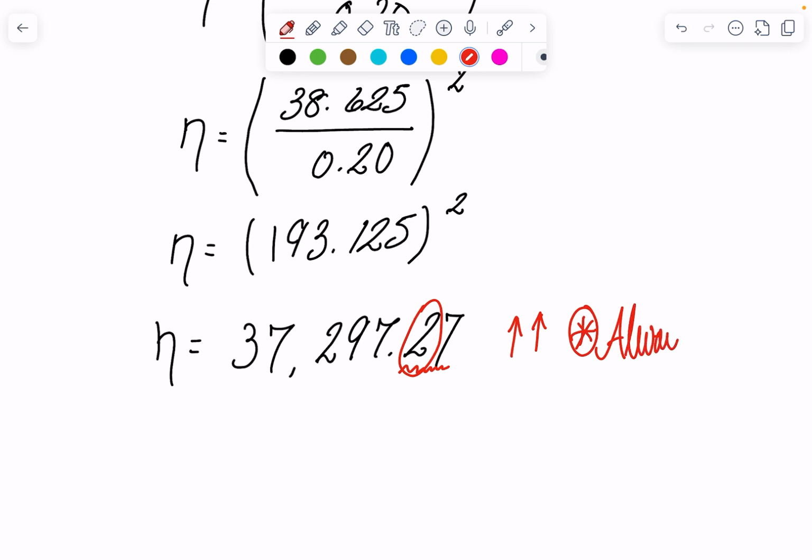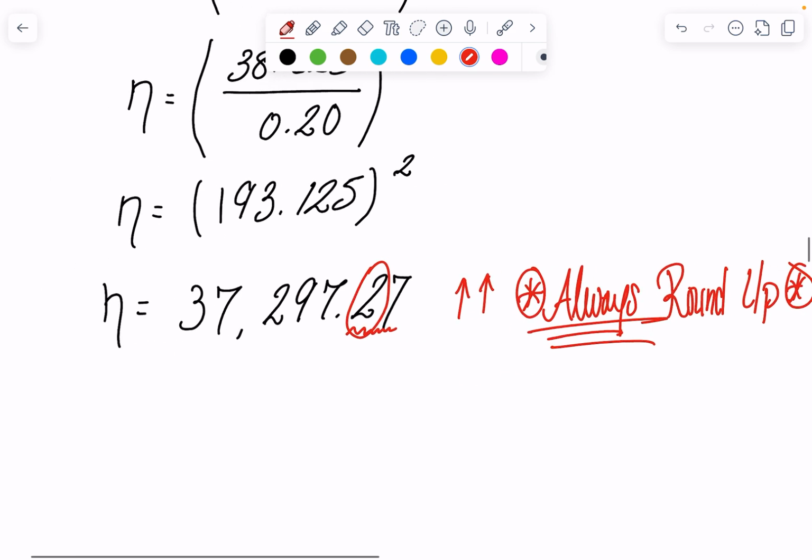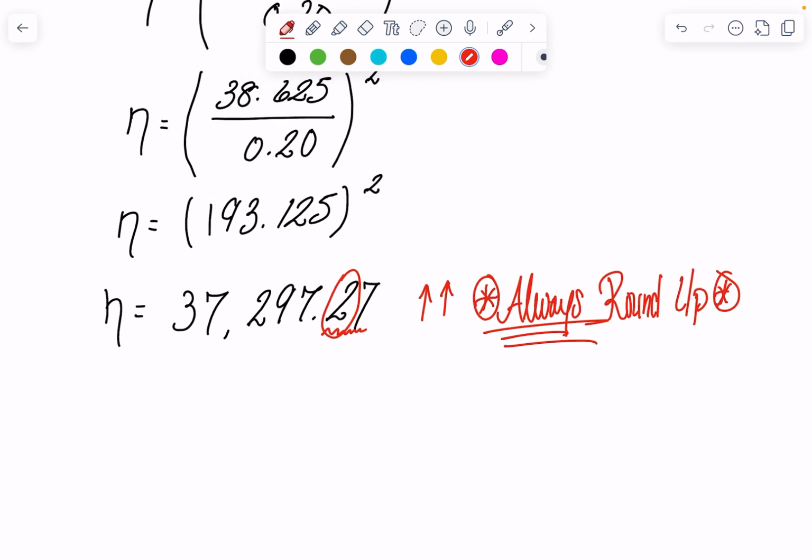Always round up, because we're finding the minimum value for our sample size. So technically, the number that we calculated is going to be greater than 37,297, because even by a fraction, we're greater than that number.